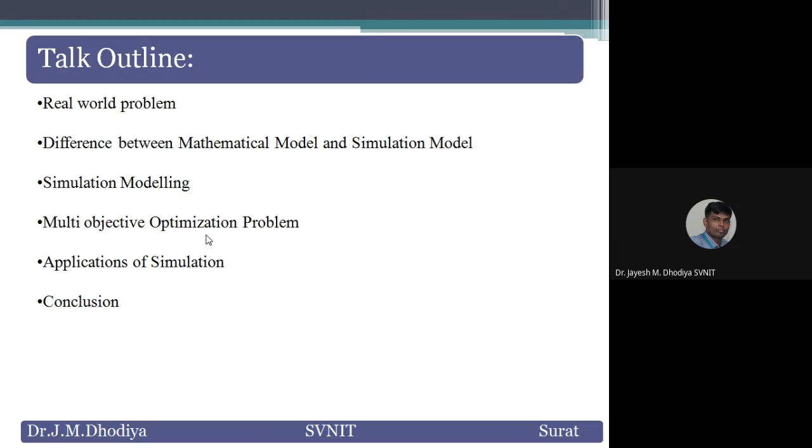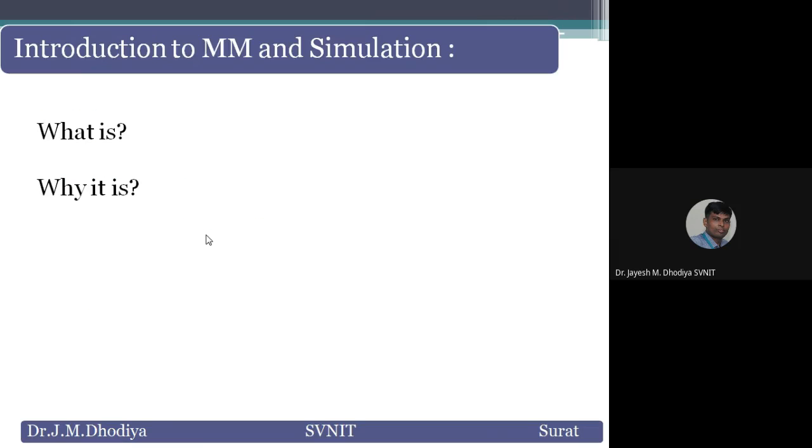This is a very important question in each and every day to day life. Even when we try to understand any concept, these are very important questions. The first question is what it is, and the second question is why it is. When we talk about multi-objective optimization problems and their solution, these two questions are essential. That is, what exactly the concept is, and why we learn about this concept.